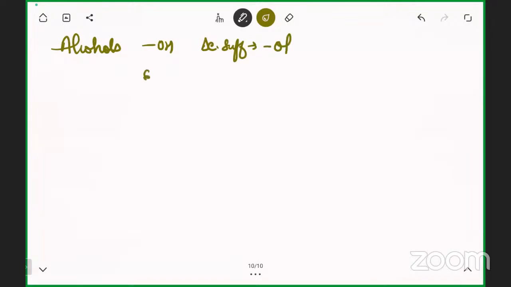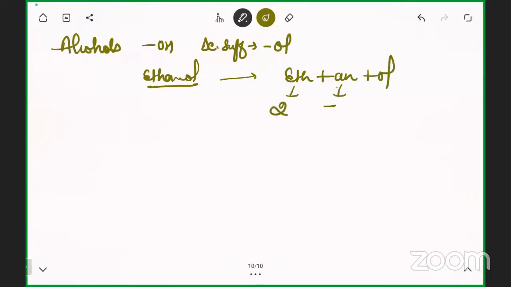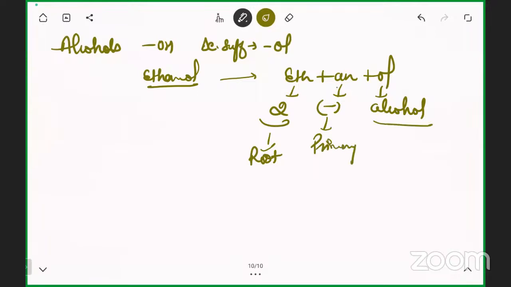For example, we say ethanol. If I divide this word, eth plus an plus ol: eth represents 2 carbons, an represents single bond, ol represents alcohol. So this is the root word, this is the primary suffix, and this one is considered the secondary suffix.